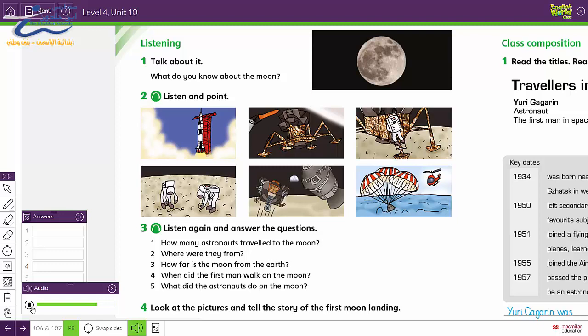Soon it was time to leave. The two men went back up to the rocket, and the 3 astronauts traveled back to Earth. They traveled for 3 days. Then the rocket's parachutes opened, and it dropped into the sea. Soon, a helicopter arrived and picked up the 3 astronauts.